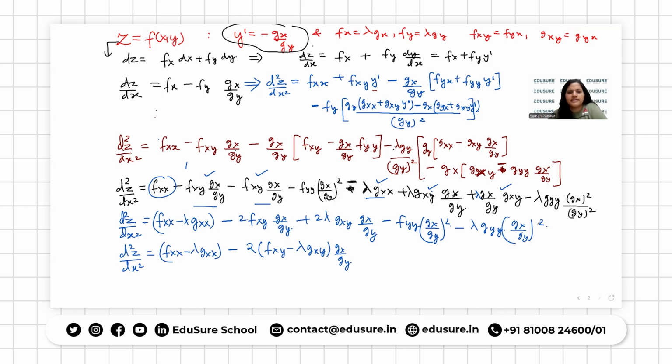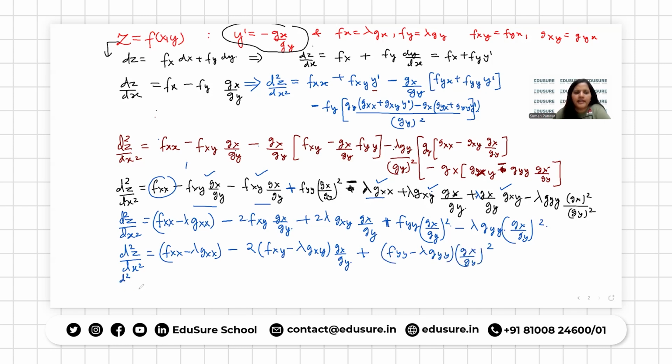And then this is minus minus plus. Okay. So this should be plus and then minus. So then we will have fyy minus lambda times gyy gx by gy whole square.